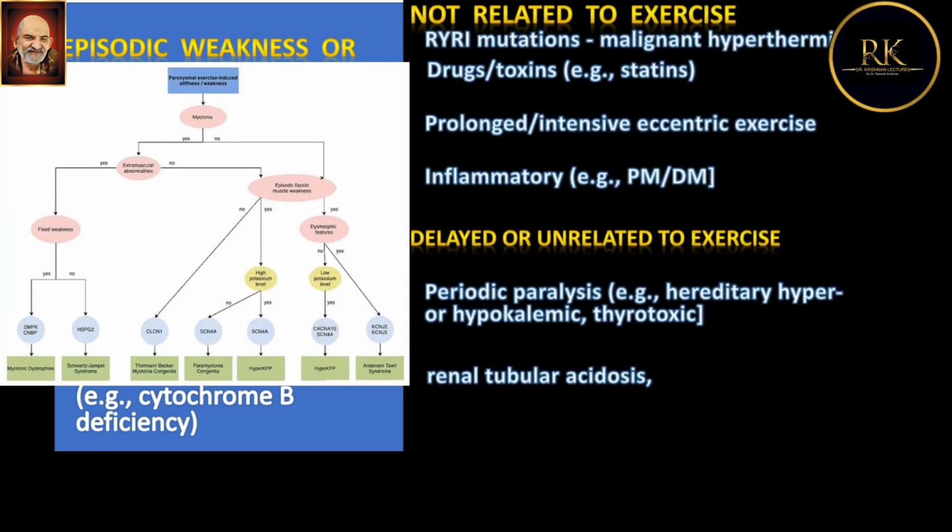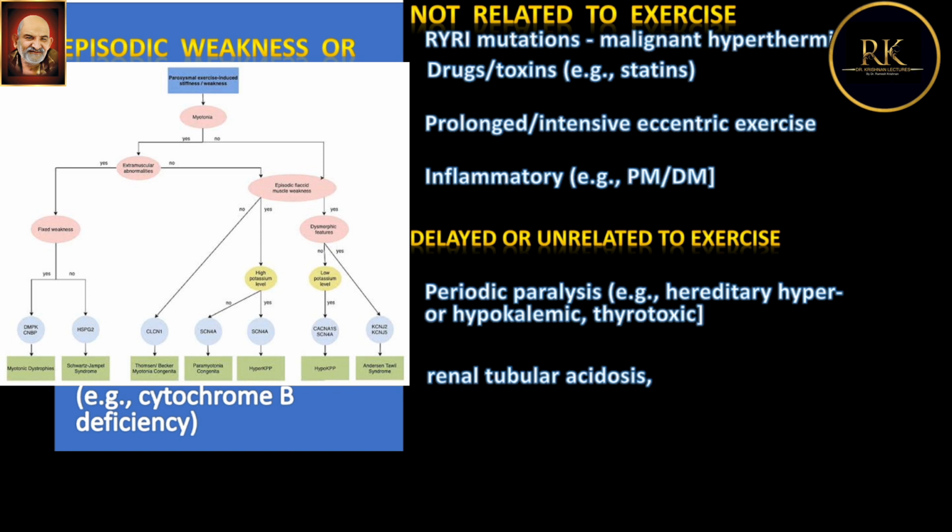If it is not related to exercise, the causes include ryanodine receptor 1 mutations with malignant hyperthermia, drugs and toxins like statins, prolonged or intense eccentric exercise, and inflammatory myopathies in the form of polymyositis and dermatomyositis.